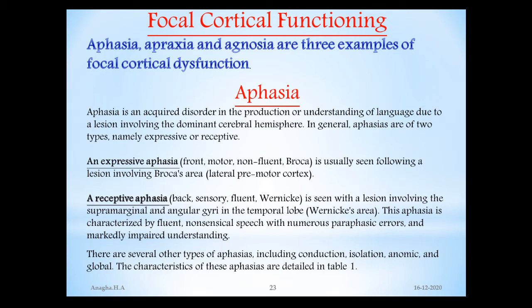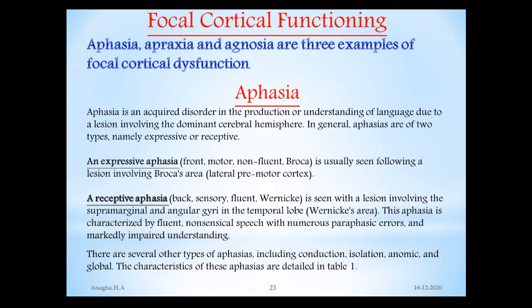I won't get into the details. I'll just say about the different classifications which come under this. Because in focal cortical functioning, mainly we have aphasia, apraxia and agnosia. In aphasia, it is an acquired disorder in the production or understanding of the language due to a lesion involving the dominant cerebral hemisphere.